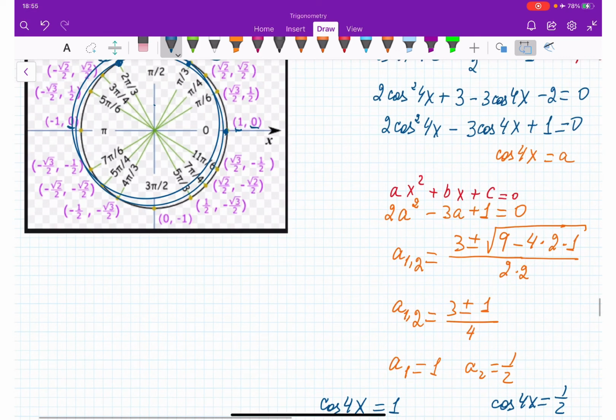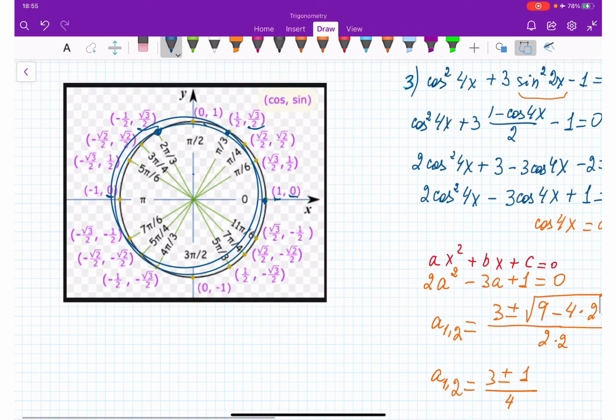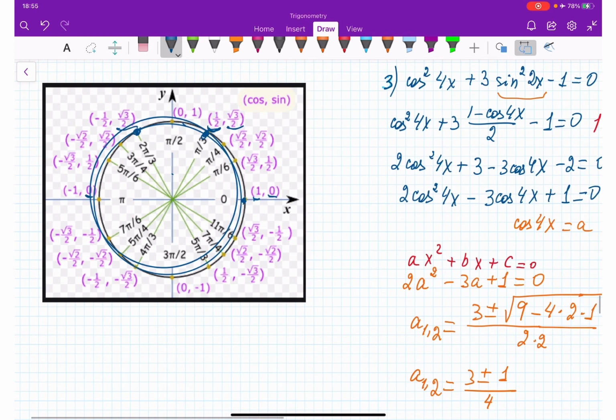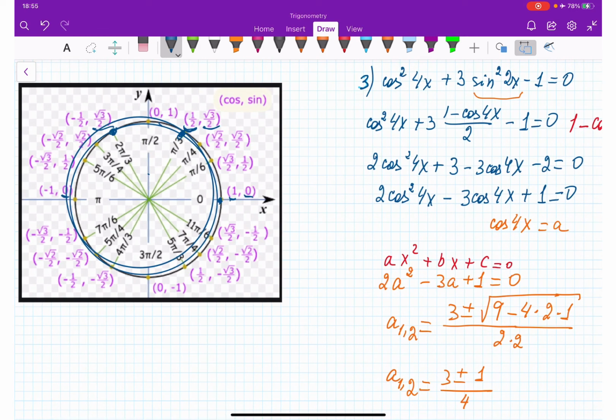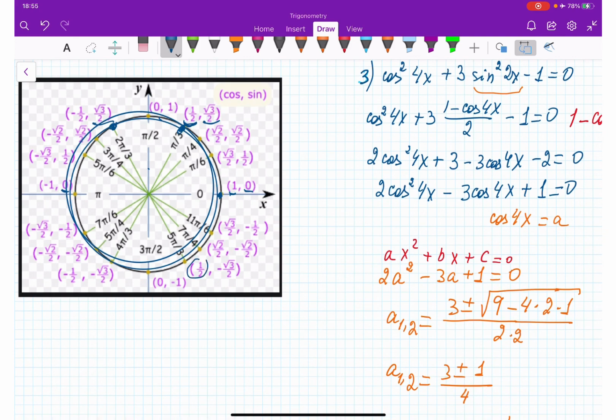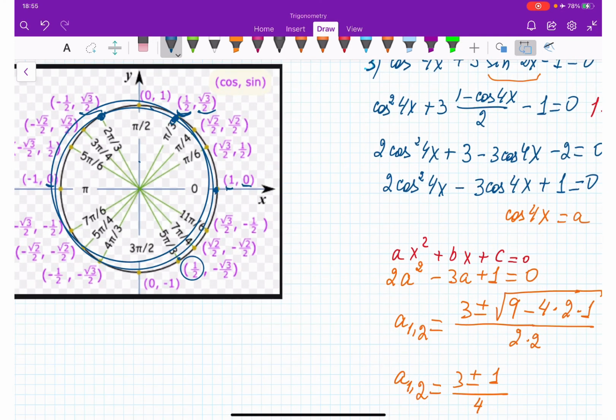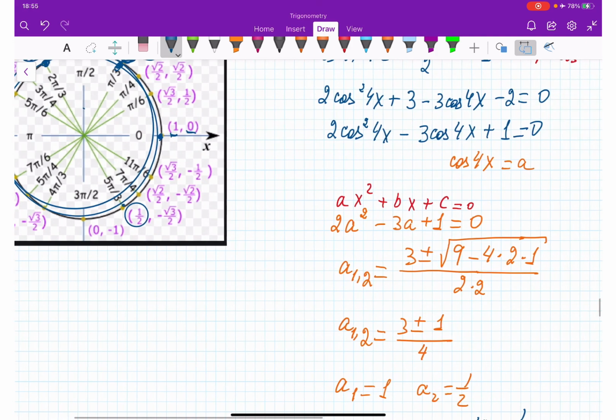When do we have cosine 1/2? That is going to be pi over 3. Here it is, positive 1/2. And it's going to be plus and minus pi over 3, because look here, we also have 1/2. It's either 5 pi over 3, or it's going to be minus pi over 3.